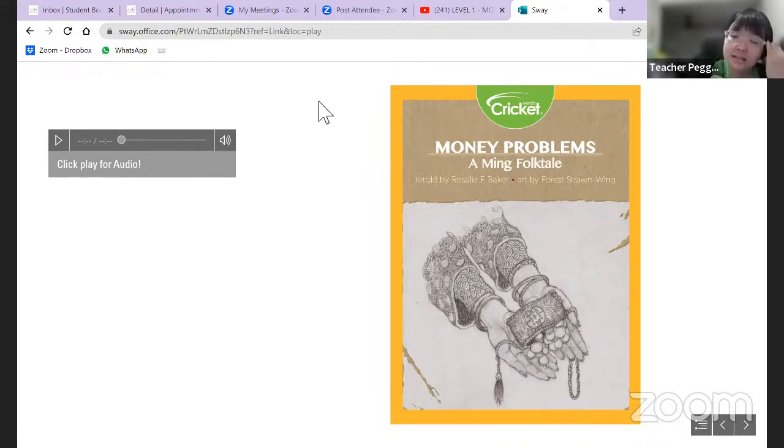This is the story, which is a Ming folk tale. This one also includes the audio, which means you can listen while you are reading the story.